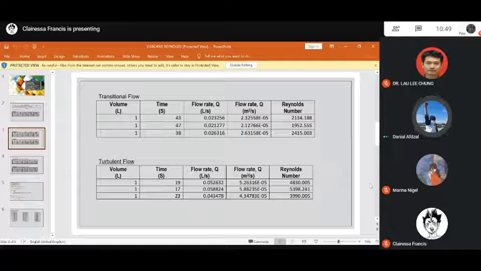And this is for the transitional flow. The explanation is the same as the laminar flow data. And turbulent flow is also the same.